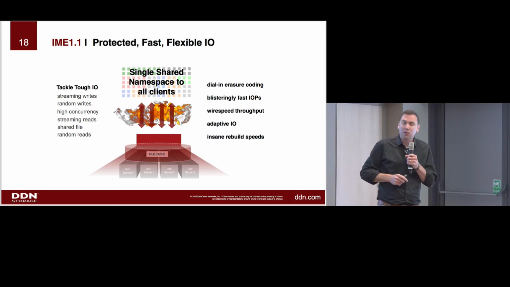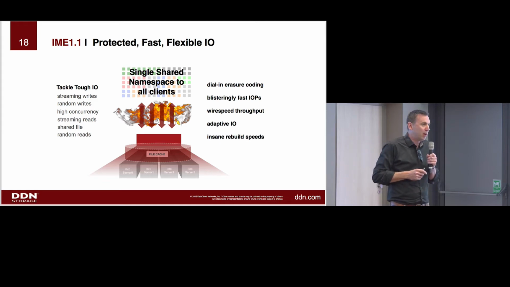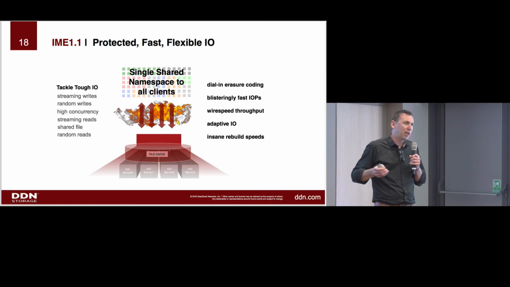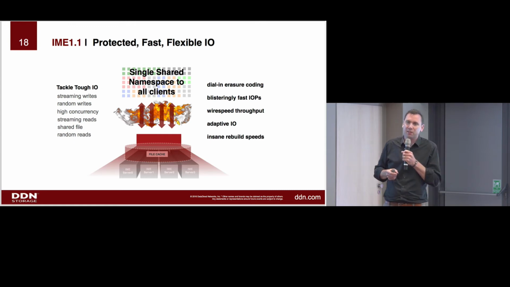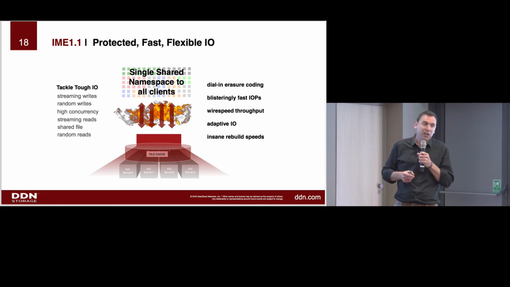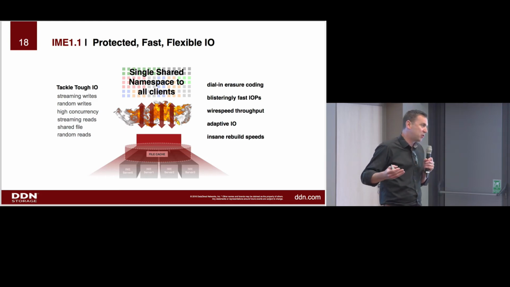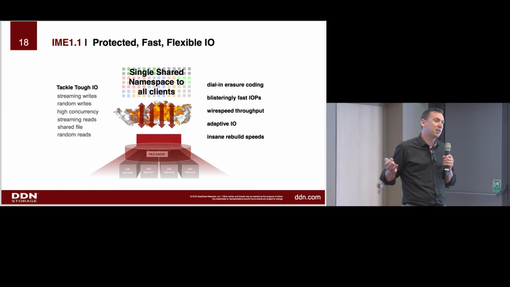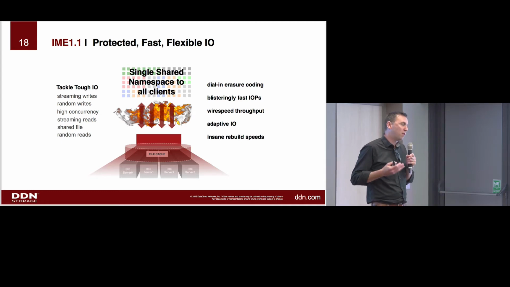Shared file I/O, we'll see an example later on. We do extremely well by obviating the file system locking mechanisms that are normally incurred when you're doing parallel I/O to a shared file. And then high concurrency, partially because we're just using SSDs and the IOPS capability is very fast, and partially because we have this new software layer, we can really sustain our performance through very high thread I/O levels.